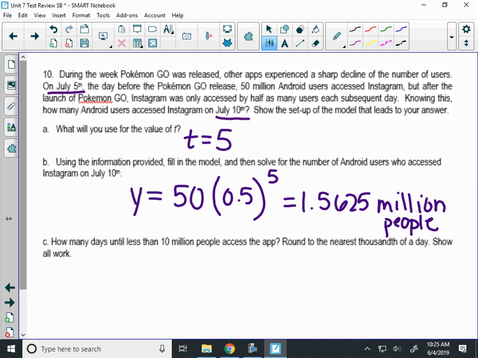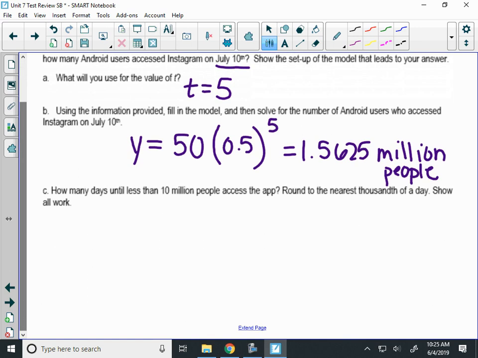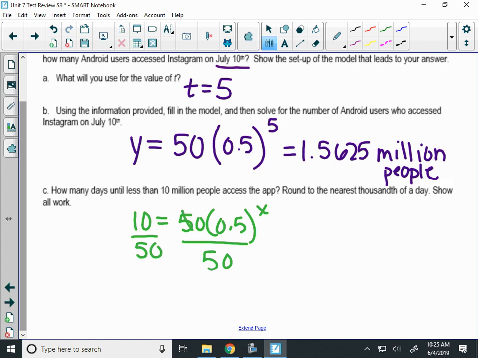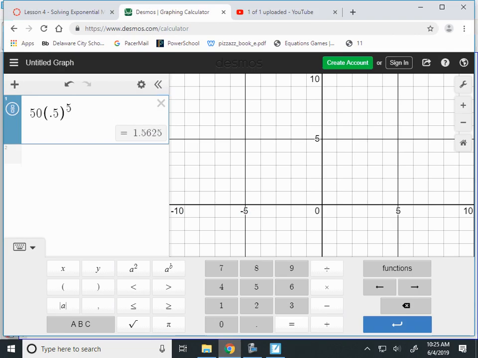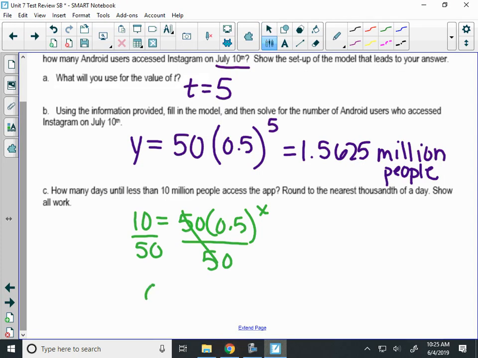Now we want to know how many days until less than 10 million people accessed the app. So the 10 is going to go where the y is. I'm going to divide by 50. And I can simplify this. 10 divided by 50 is actually going to give me a fairly nice decimal, 0.2. So I could rewrite that as 0.2 equals 0.5 to the x.